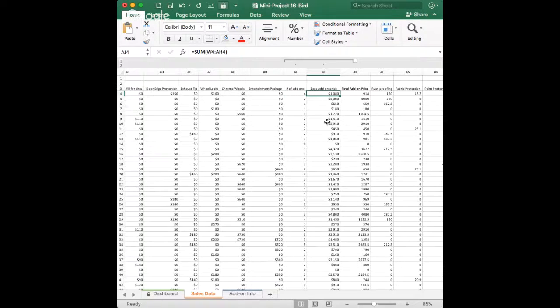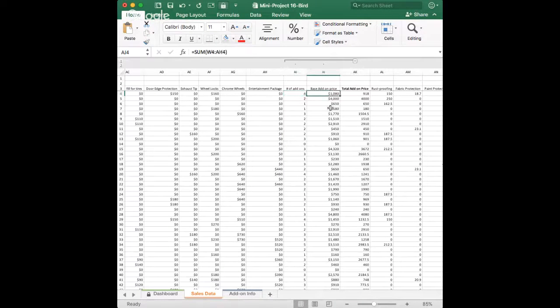In the next one, I took the base price of what these 4 added up to. And here's my formula in the total add-on price, which is the one that it actually wanted.